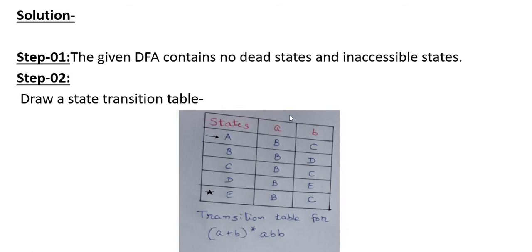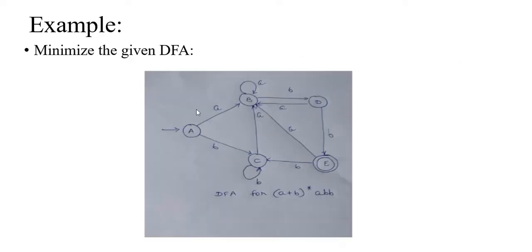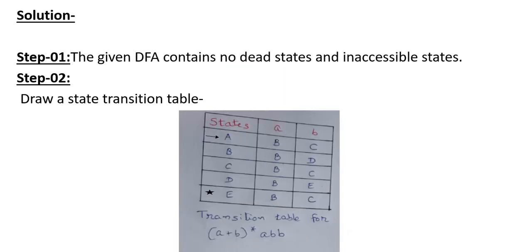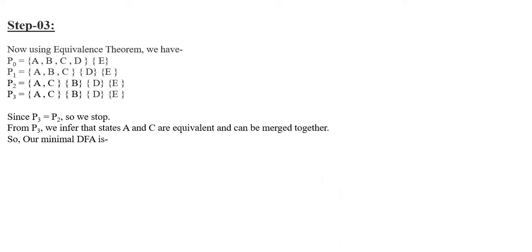So draw the transition table for this DFA. According to this diagram, I can draw the transition table, which we already drew in the NFA to DFA conversion. I draw a transition table from the given DFA, in which A is your initial state and E is your final state. So step 3, now using the equivalence theorem, we have P0 equal to {ABCD} and {E}.